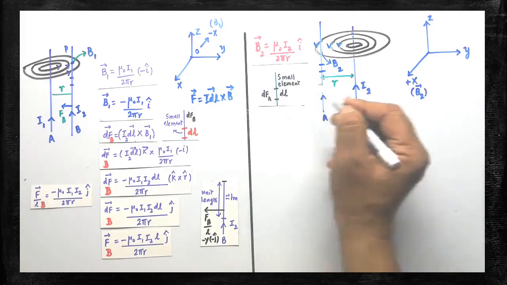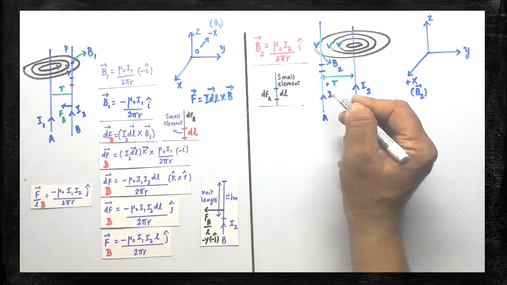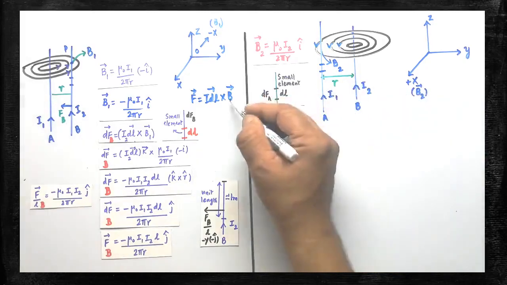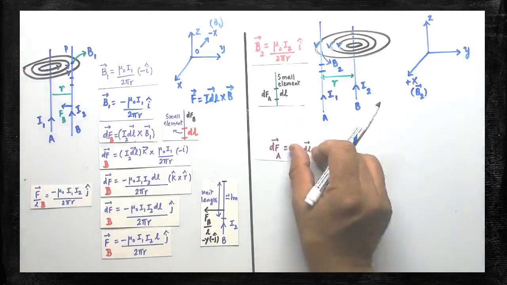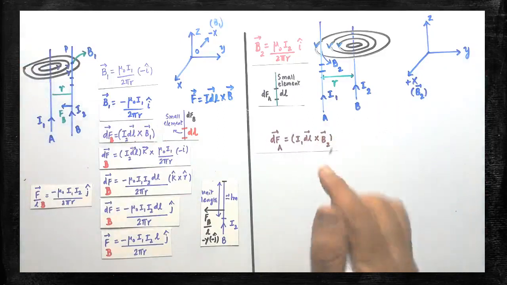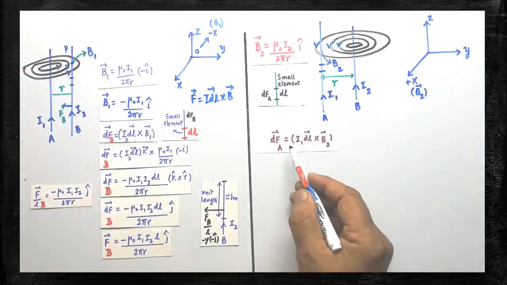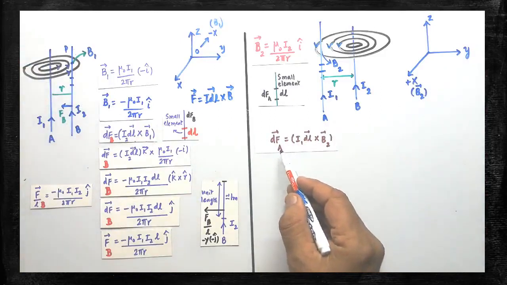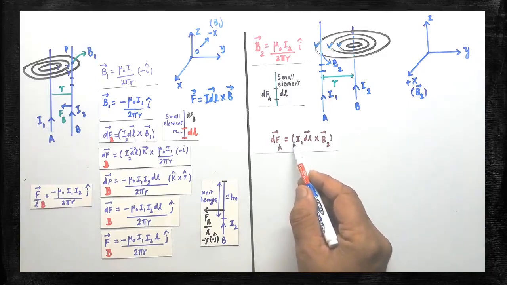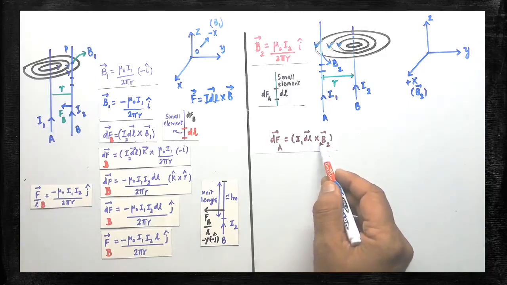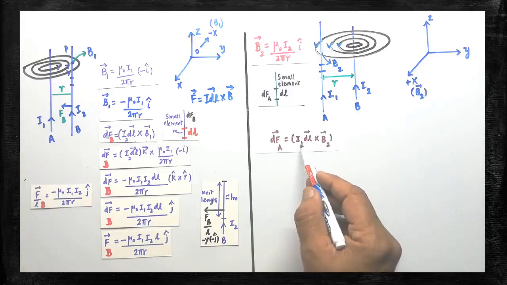What is dFA? Force experienced by the first conductor. So what is the formula? As per the Lorentz force formula, dFA vector is equal to I1 dL vector cross B2 vector. Why A is written? Because the force is experienced by the A conductor. Why I1?